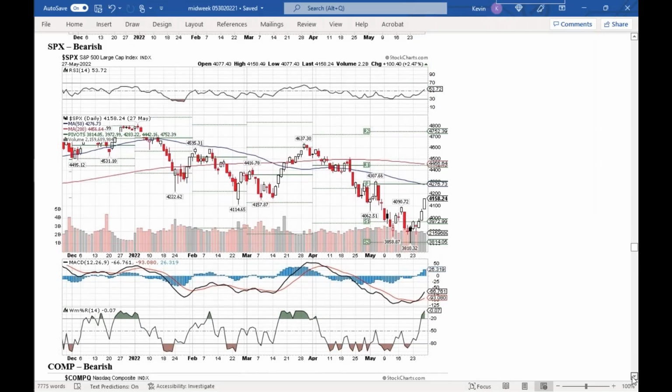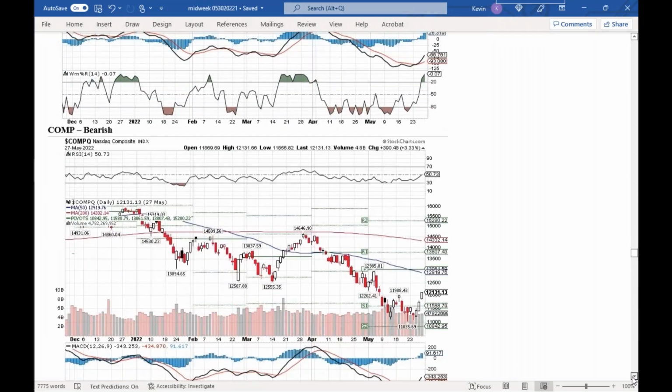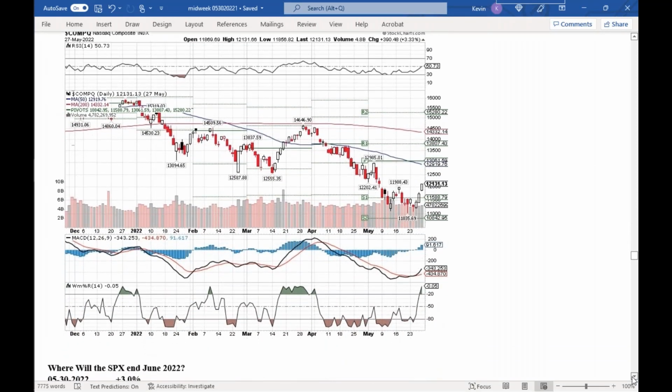And then if we go to the NASDAQ, I almost think this one could go higher because it has 800 points to the upside. Again, almost technically bullish. We are not bullish on the RSI.